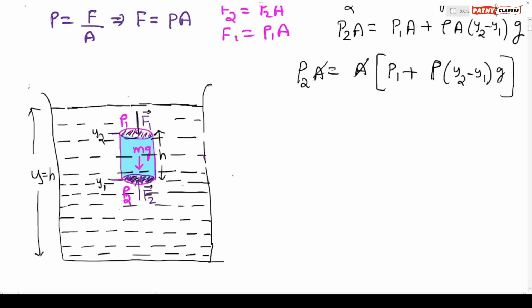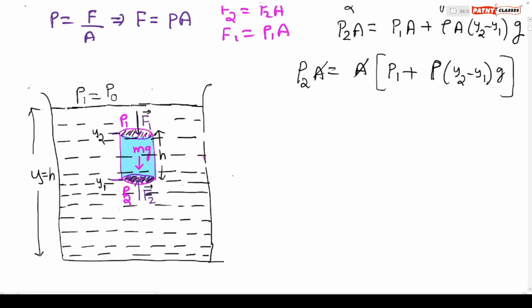and at the open surface of the liquid container we consider the pressure P1 equals P naught, that is atmospheric pressure.